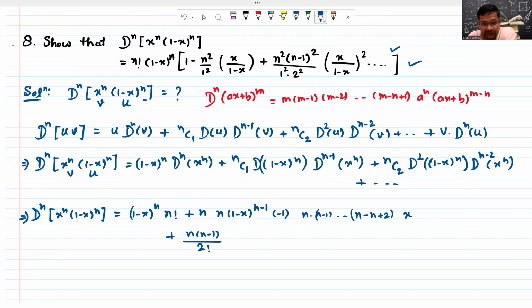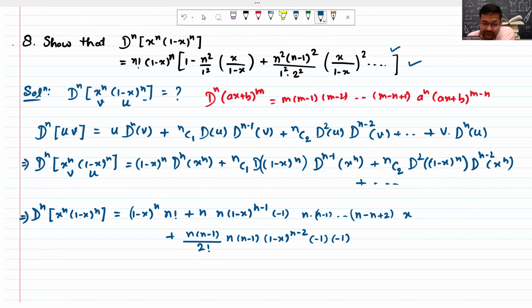divided by factorial 2, and then what is the second order derivative of (1 minus x) power n? From here, this is the first order derivative of this, so you are differentiating it again. When you differentiate, you will get n minus 1, and this is (1 minus x) power n minus 2, and because minus 1 is there, again you will get minus 1 again.